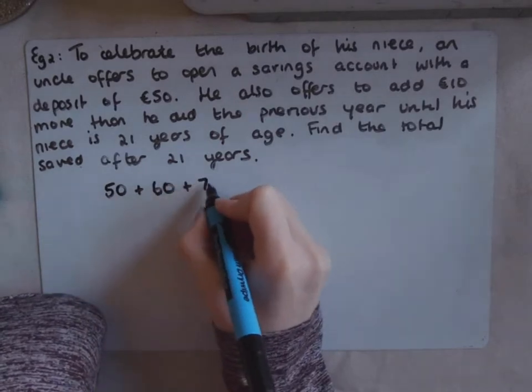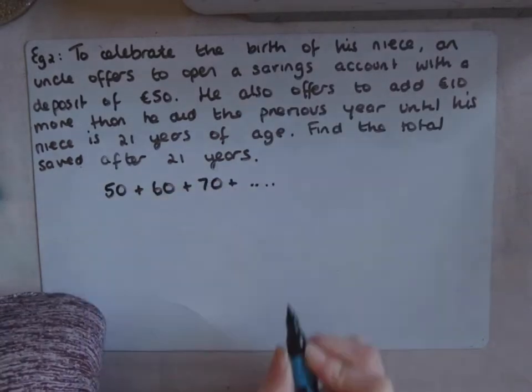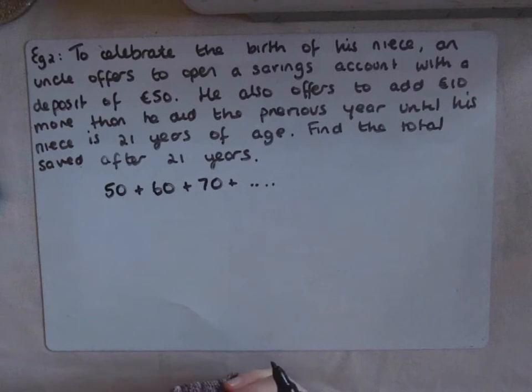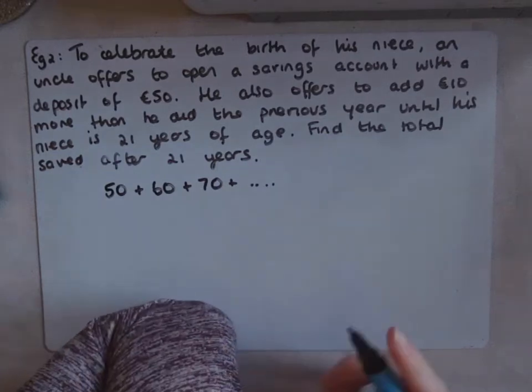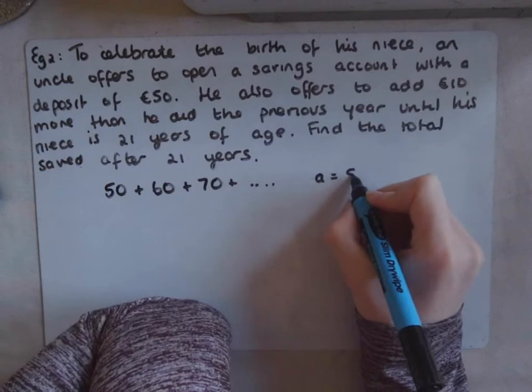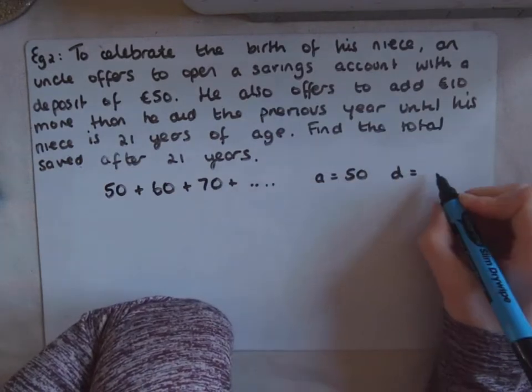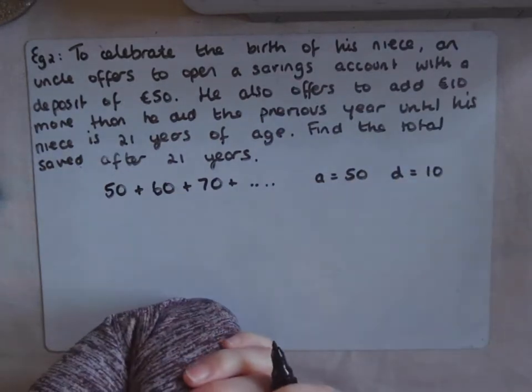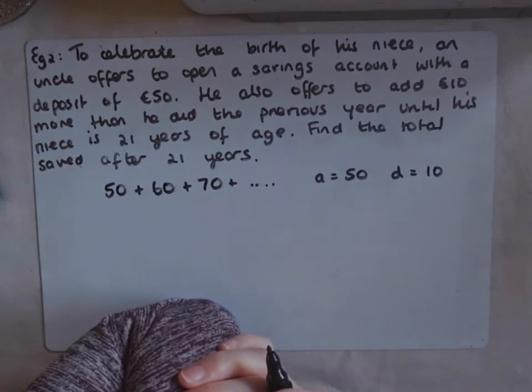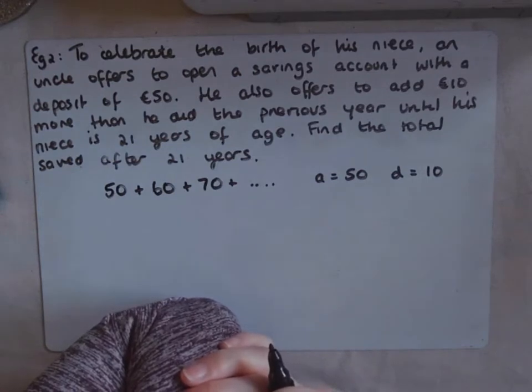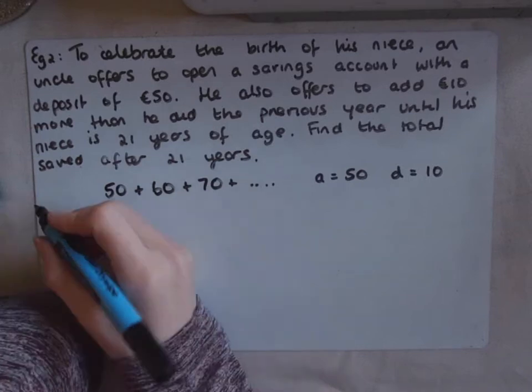So that means my first term is 50 and my difference is 10. So we're looking for the total saved after 21 years. So that's the sum of the first 21 terms. Let's just get S of n first.